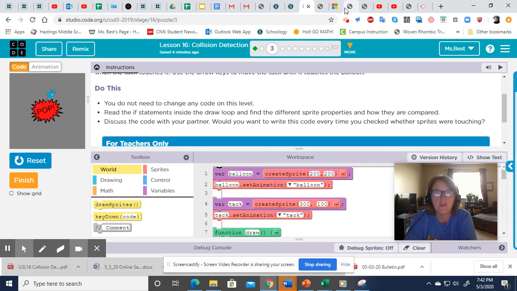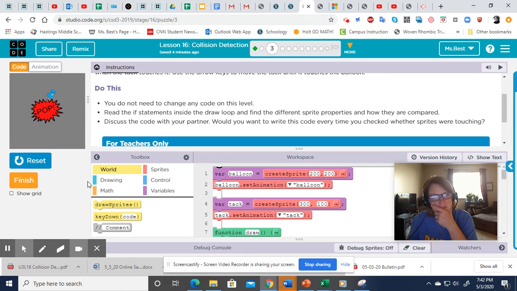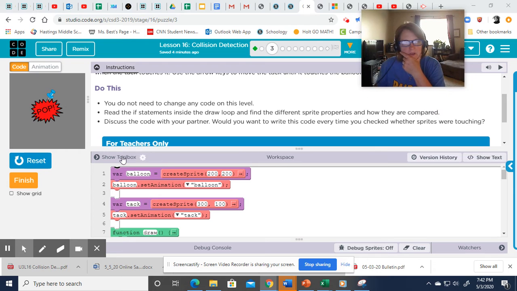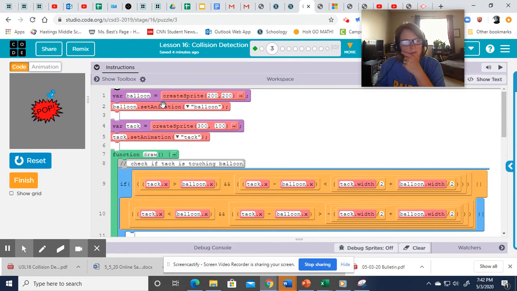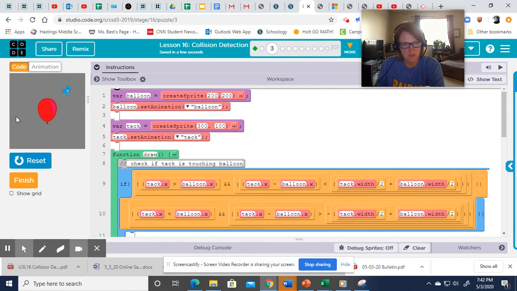Pa-pow! Interesting. Now let's look at the code that they've got in there, because somehow they're tracking what the thumbtack's position is and the balloon's position, and then they change the animation of the balloon. I'm going to move me up out of the way a little bit so we can see what's going on. I'm going to reset this. The balloon is right in the center. The tack is at 300, 100, so that's up there to start with.